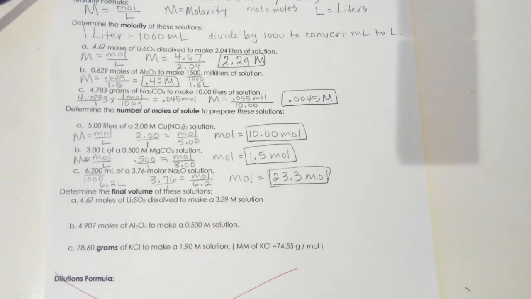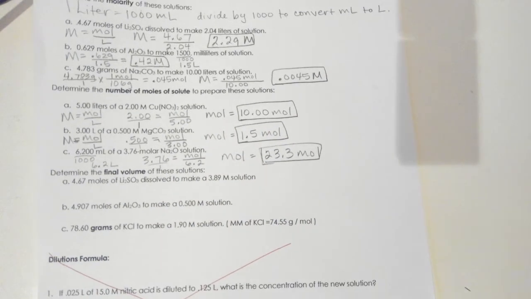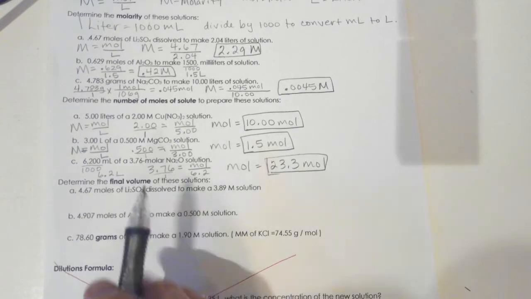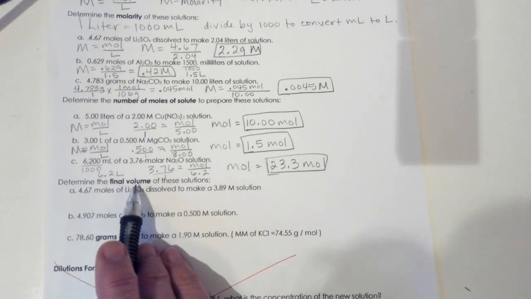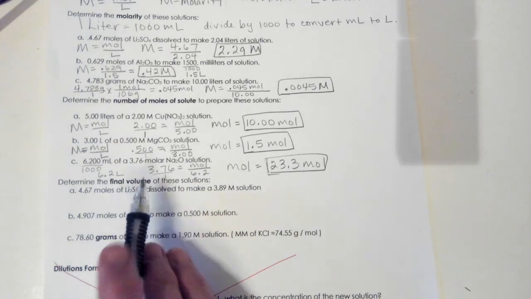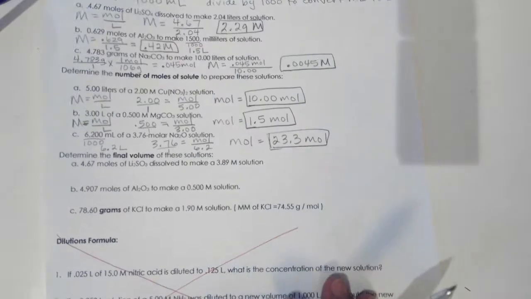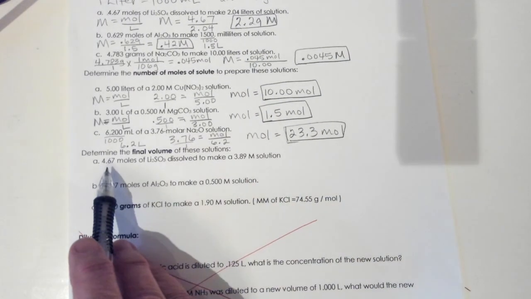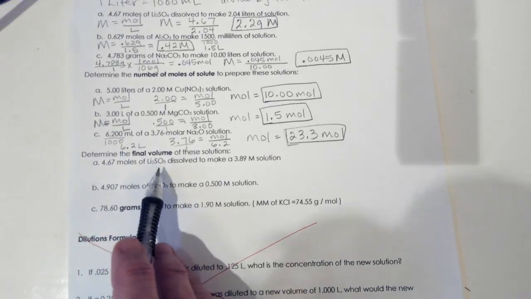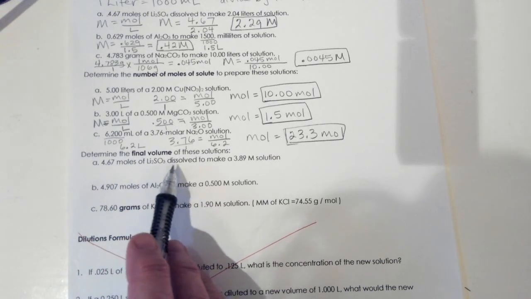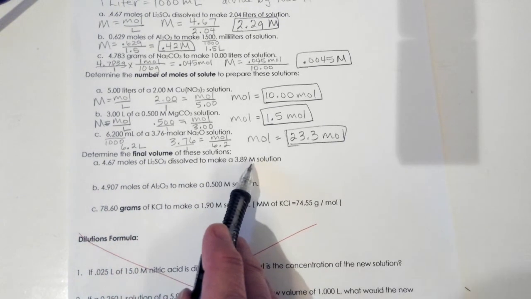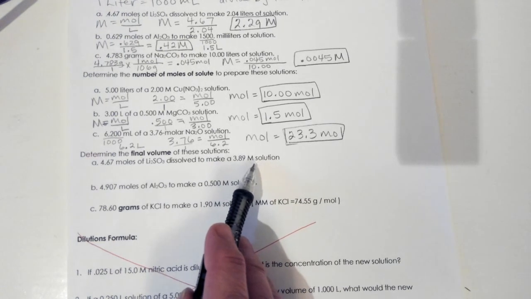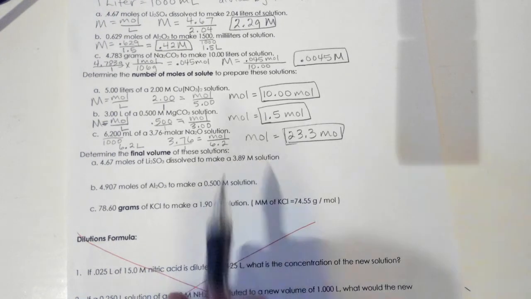Okay, then we have one more section to go. In this section we're finding volume. So we're solving for L, we're solving for liters. So I have 4.67 moles of lithium sulfite dissolved to make a 3.89 molar solution.